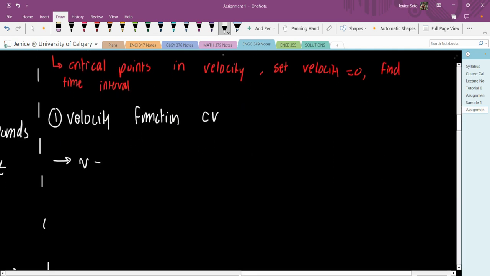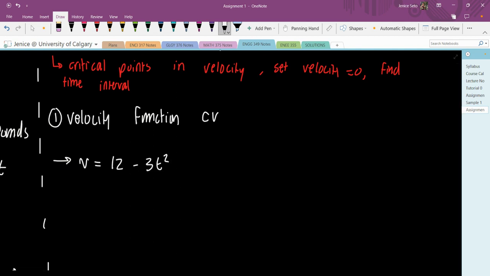Okay, so we have velocity is equal to 12 minus 3t squared. And we know that our endpoints, which are already set for us, are t equals 0 and t equals 10. So these count as our critical values as well. So we're just looking for a couple more. So we're going to set this equal to 0.